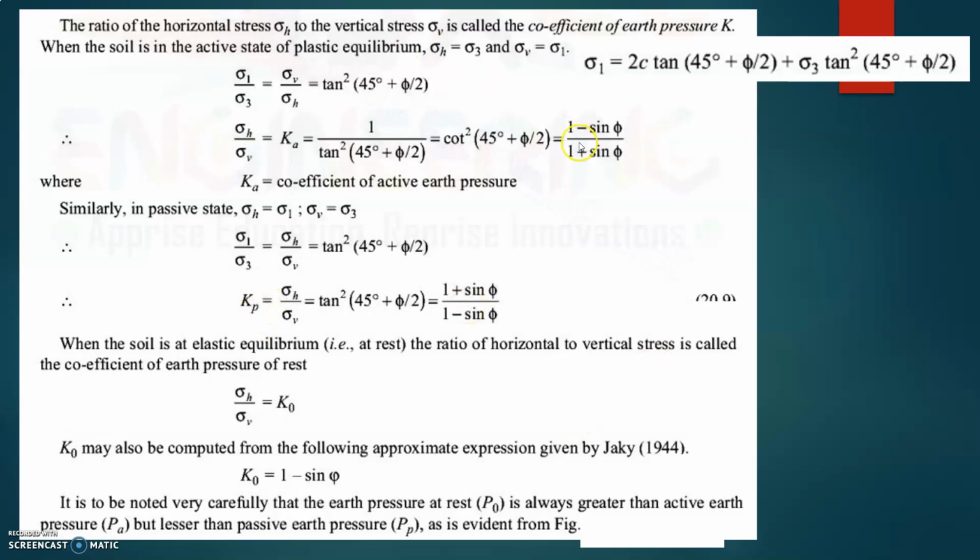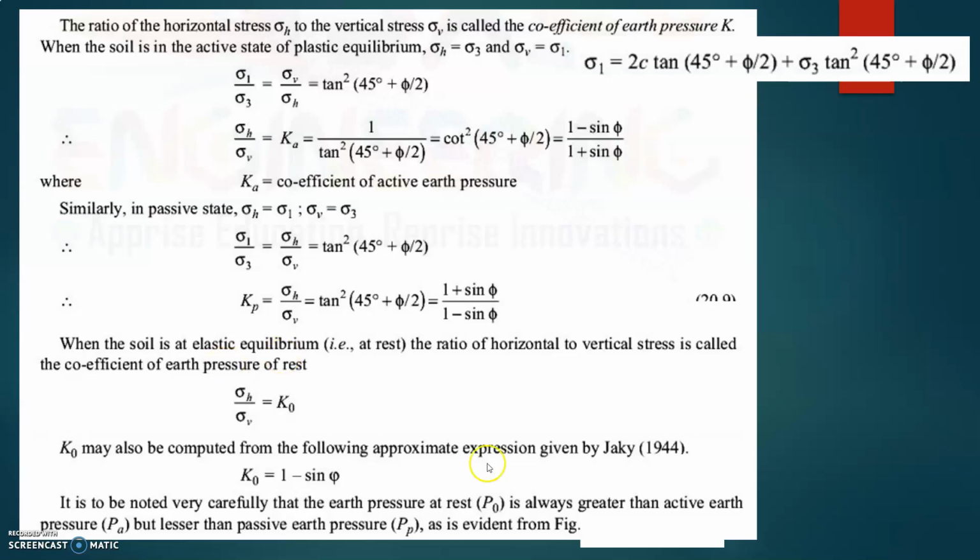So Ka is equal to (1 minus sin phi) divided by (1 plus sin phi), the coefficient of active earth pressure, and Kp, the coefficient of passive earth pressure, is equal to (1 plus sin phi) divided by (1 minus sin phi). When the soil is at elastic equilibrium, that means at rest, it doesn't change its position, it remains the same.